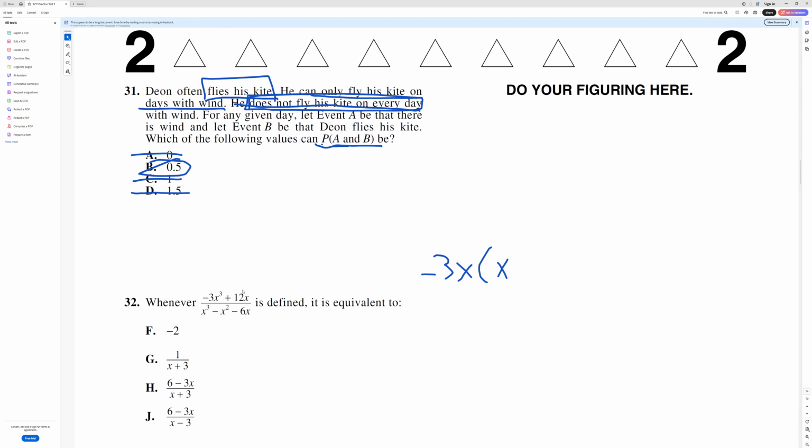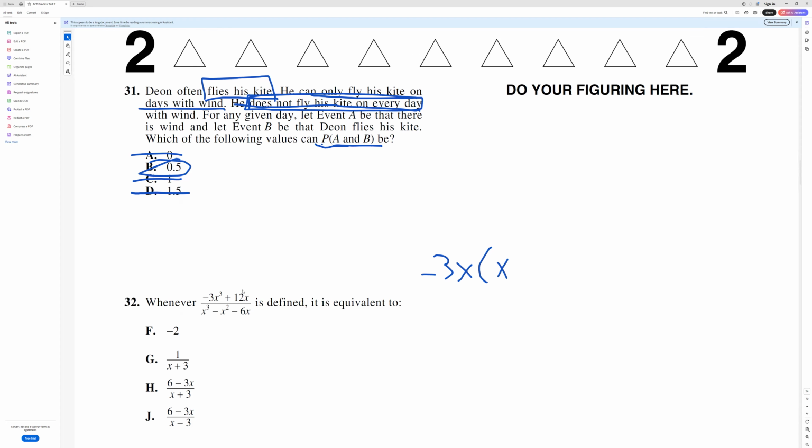So on the bottom, let's take an x out. And we are left with x squared minus 1x minus 6. So furthermore, that's going to be equal to x, and then I got my two numbers, x minus 3 and x plus 2. Let's cancel what's on the top and bottom. That cancels with that.